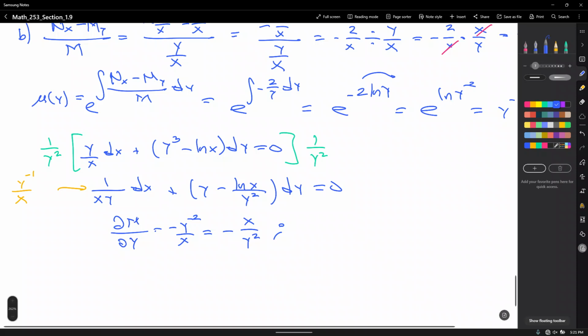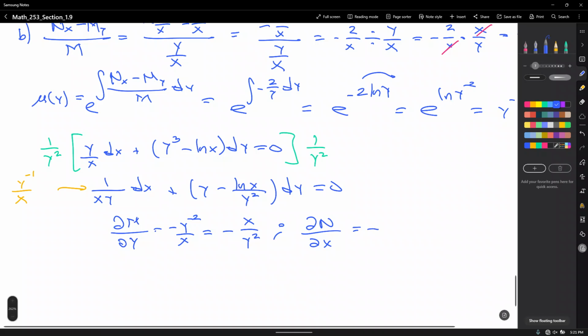Now let's check the second one. Let's check the partial of n with respect to x. Well, we're going to differentiate all this with respect to x. Well, y goes to 0. It's an additive constant, not a multiple constant. And here, differentiate. Minus, first of all, you might want to carry the negative first. The derivative of ln x.